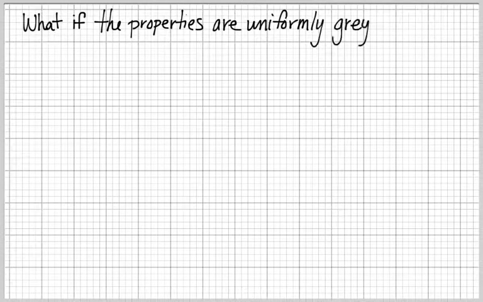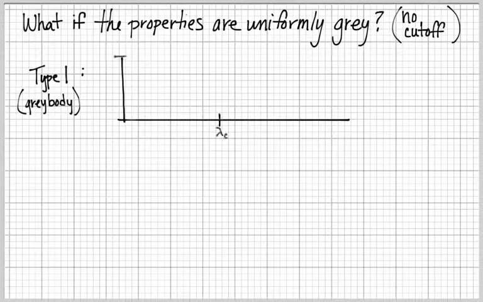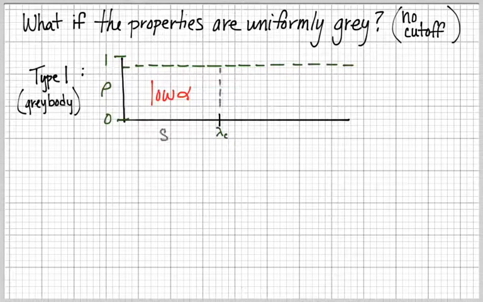So that described our two selective surfaces. What do we get if the properties are uniformly gray for the material, where there's no cutoff in the material? I'm still going to draw a surface with a cutoff wavelength in it, because the sun is dumping shortwave energy into us, and the surface that we have terrestrially will still emit loads of long wave energy out.